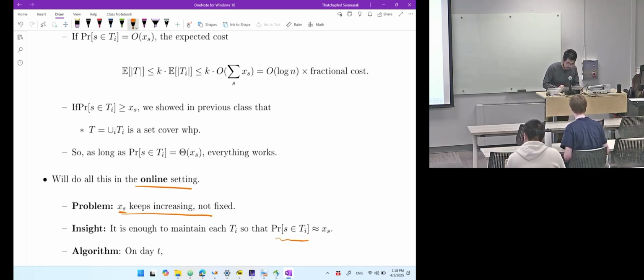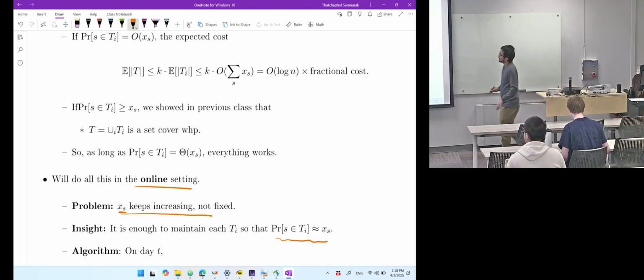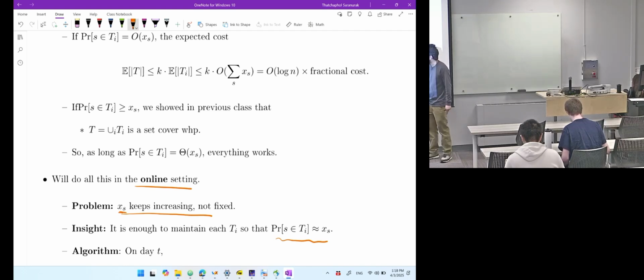But from the analysis above, you can convince yourself that it's enough to maintain Ti so that at any time, S is in Ti with probability xs. If this thing increases, the probability that S is in Ti should increase too. Just try to keep this invariant. If this is true, then everything would work.